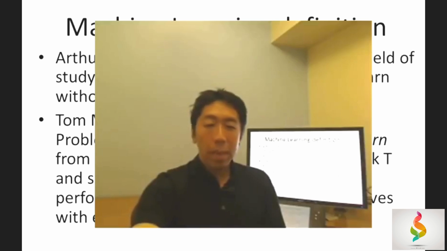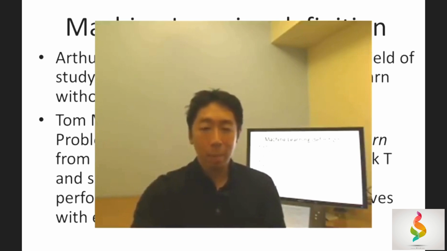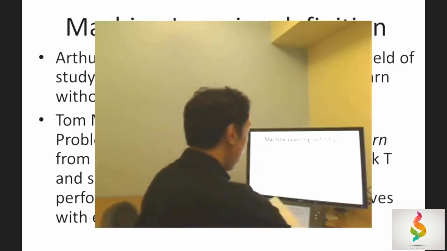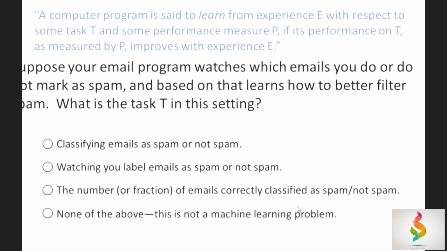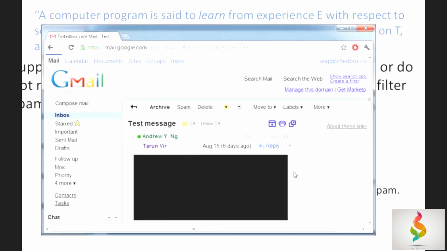Throughout these videos, besides me trying to teach you stuff, I'll occasionally ask you a question to make sure you understand the content. Here's one. On top is the definition of machine learning by Tom Mitchell. Let's say your email program watches which emails you do or do not flag as spam. So in an email client like this, you might click this spam button to report some email as spam, but not other emails.